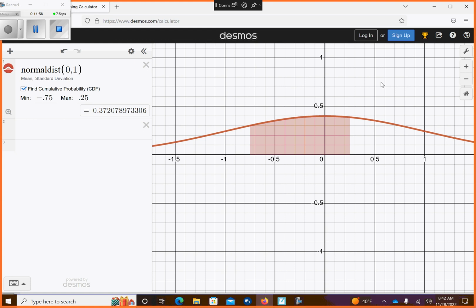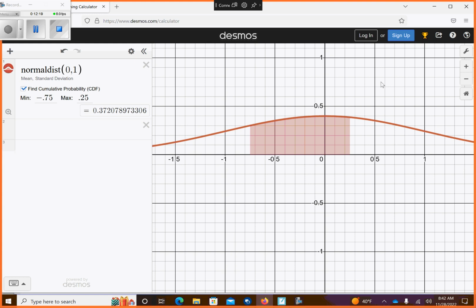So let's say, what if we want the percentage of normal distribution greater than a z-score of 0.75? We want to go to infinity, and the nice thing is infinity works on our problem. The calculator doesn't have an infinity button, though Desmos does, which is great.